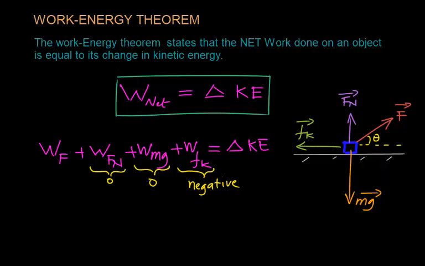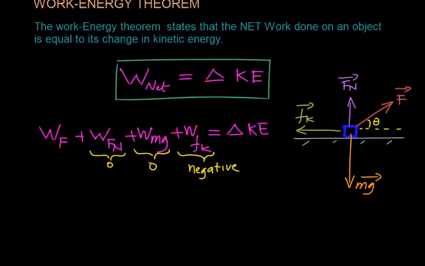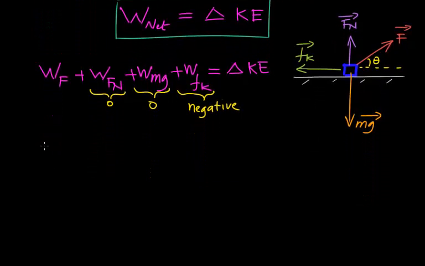Now, let me try to detail it a little bit more for other situations. The work done by the net equals change in KE. Alright, the work done by the net means the work done by all the forces. I'm going to take those forces and break them into two groups.